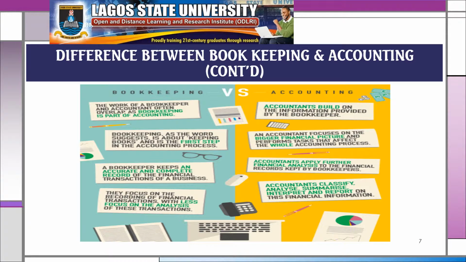So accountants apply further financial analysis to the financial records kept by bookkeepers. And finally, I can say that accountants classify, analyze, summarize, interpret, and report on this financial information to various users for them to take informed decisions.